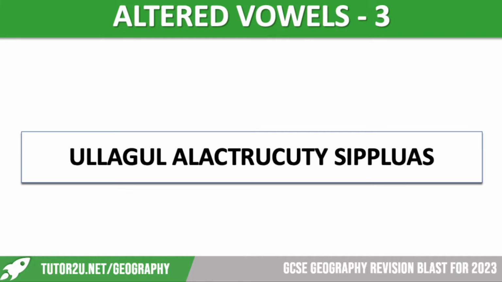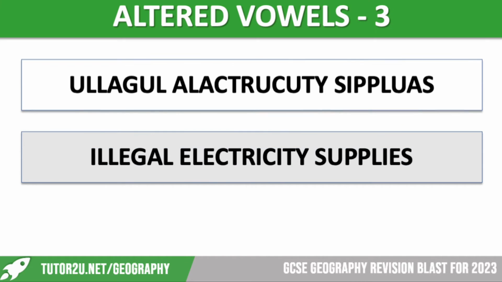Right, next one. This is tricky. Now, if you study the Rio case study, this is a massive issue here, and you might have seen photographs of a wooden pole with lots and lots and lots of wires attached to it. So think about what that wooden pole was, what the wires were for. Okay, if we worked it out, it is an illegal electricity supply.